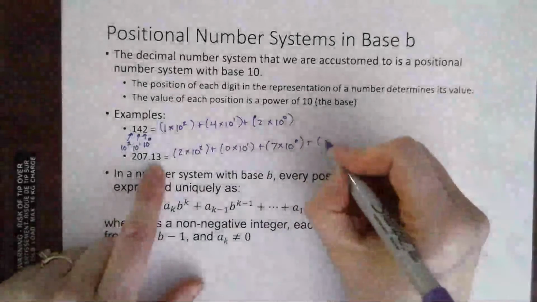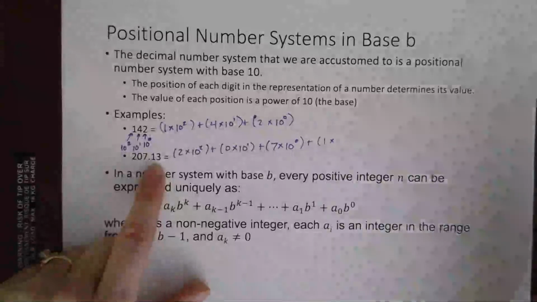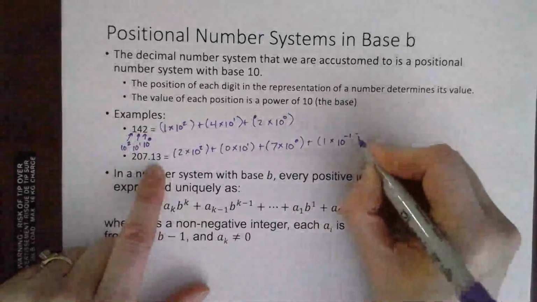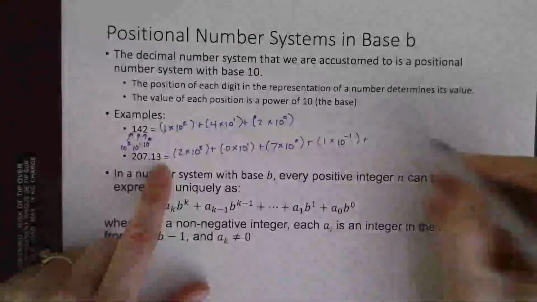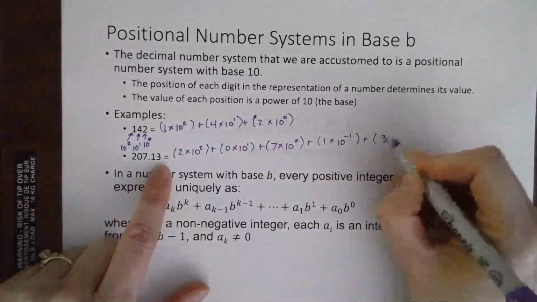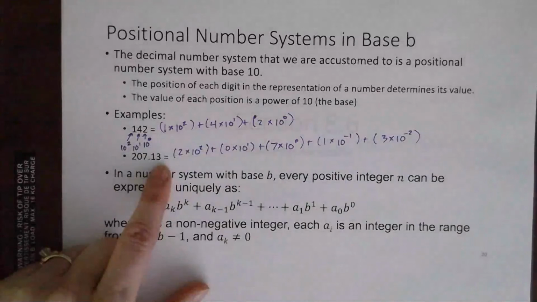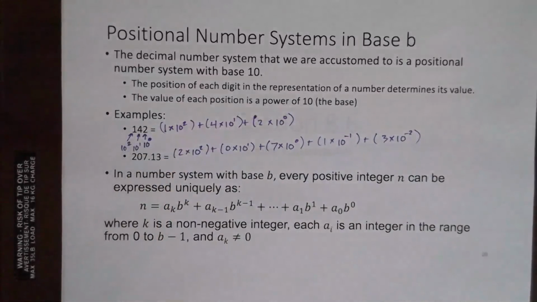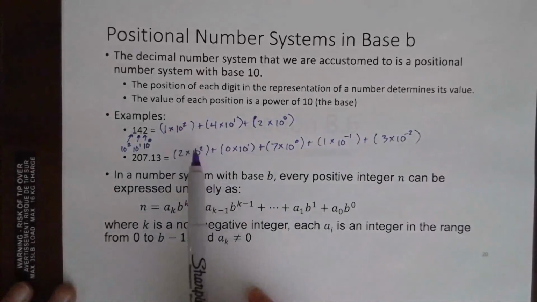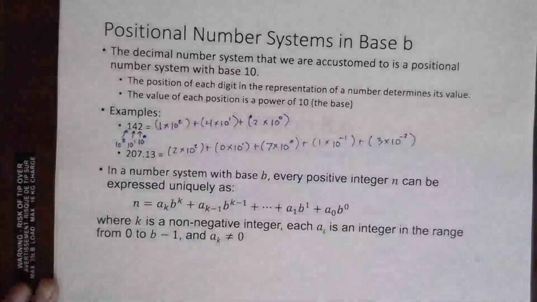So this 1, the weight of its position is 10 to the negative 1. And the 3, the weight of its position is 10 to the negative 2. So we can get any number that we want, fractions or integers, using a positional number system by just putting the appropriate weight on each position.